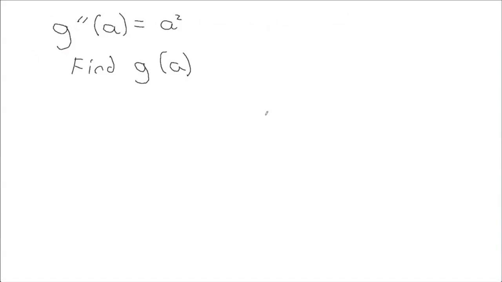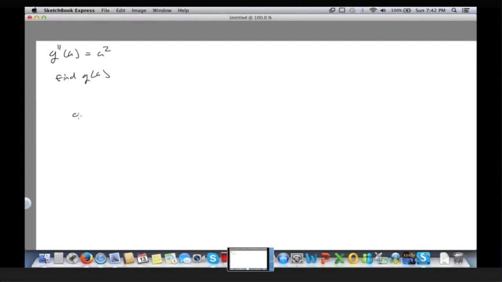Okay, try this problem. G of A. G double prime of A equals 1/3 A cubed plus C. And G prime of A was 4.